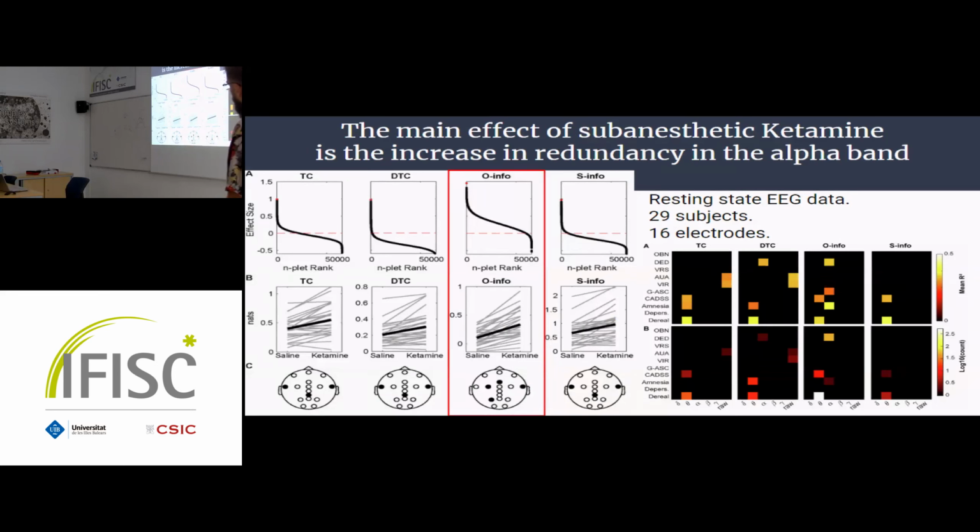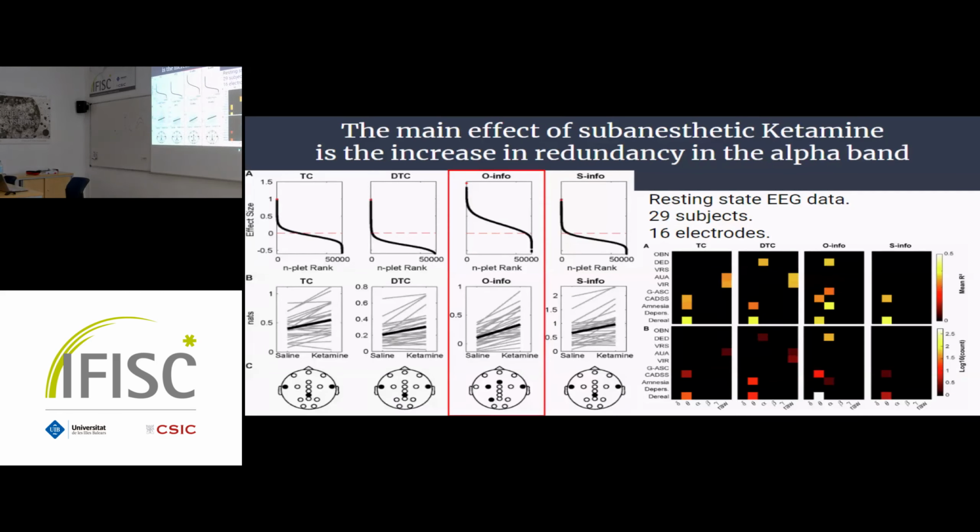And here you can see that if you look at all these lines, which are different subjects, the O information consistently increases with ketamine. So again, we are seeing an increase in redundancy with the O information. And also you can use these high order interactions to compare against psychological tests, because you can do some psychological tests on the subjects after ketamine infusion, and they will tell you, okay, I felt more derealization, depersonalization, I had visual distortions.